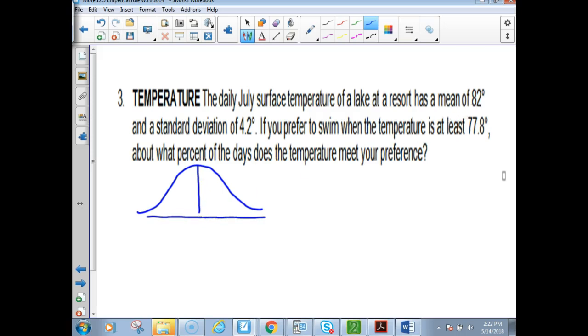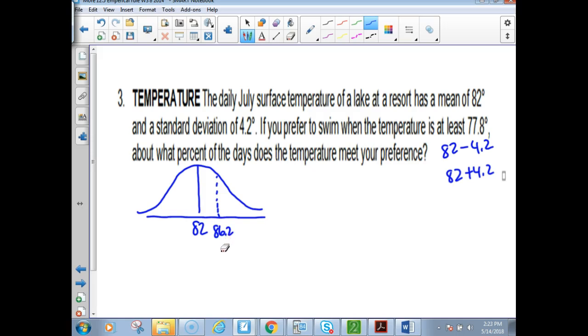Got our mean of 82, standard deviation of 4.2. If you did 82 minus 4.2 and 82 plus 4.2, that'll help you get this labeled. One standard deviation away would be 86.2 on the right.